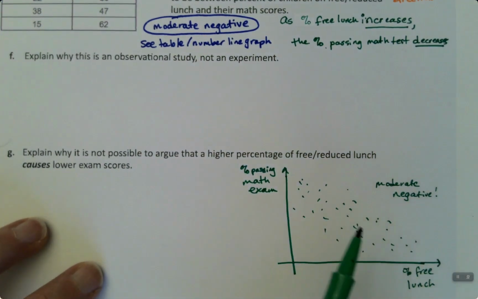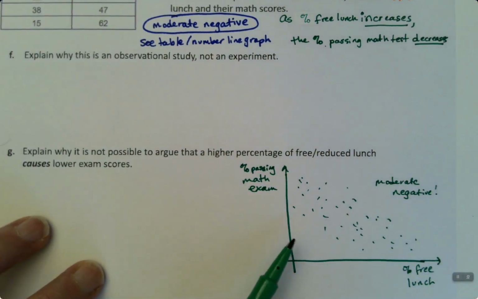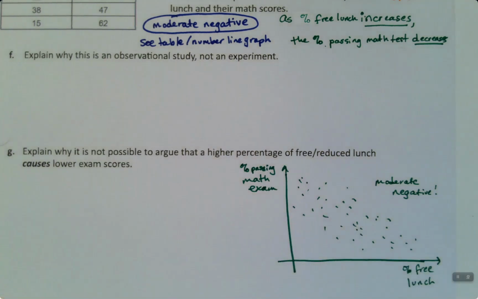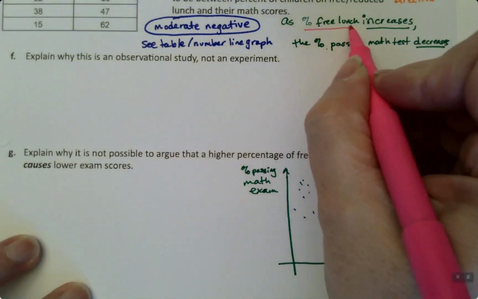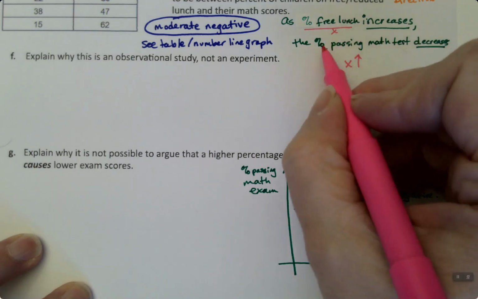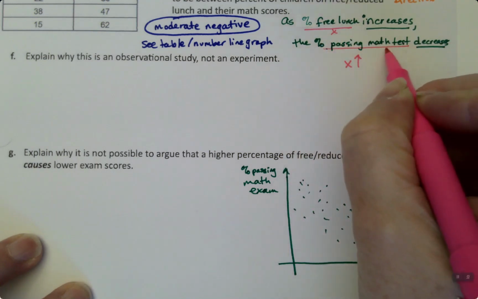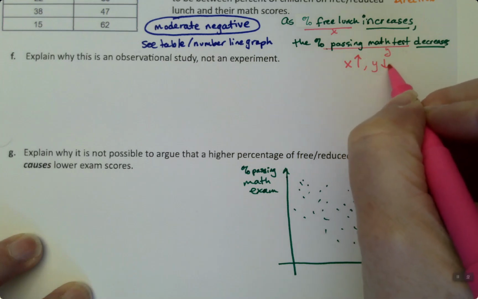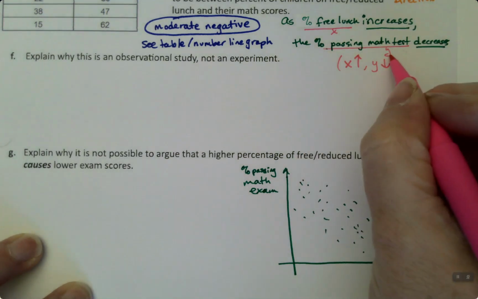In other words, as I move to the right, as my percent on free reduced lunch goes up, my trend is going downward. My percent passing the math test is going down. It's decreasing. So if you think of it this way, this is X. As X goes up, Y is going down. That's what we're saying.